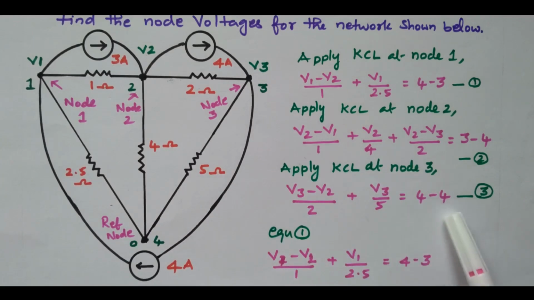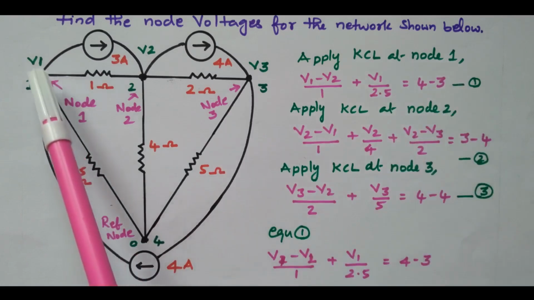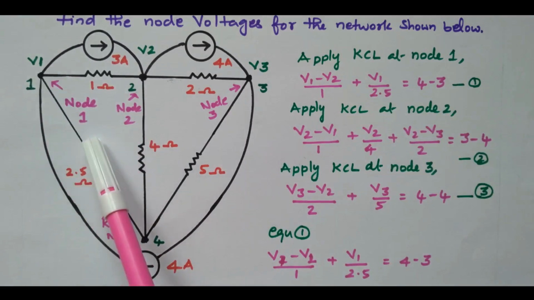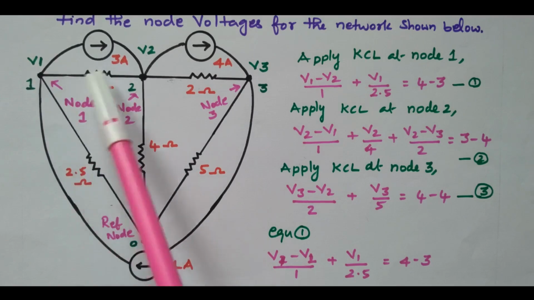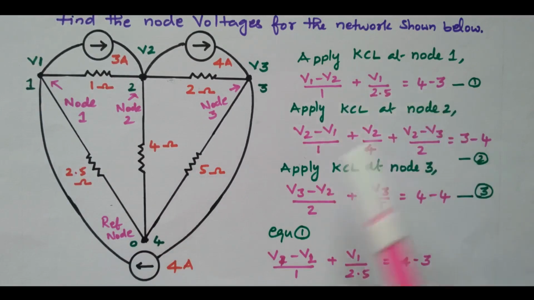That is equal to 4 minus 4. This is equation number 3. Right? So for each node, first we need to find what resistors are connected and what current flows through them, and that is equal to the current sources, whether incoming or outgoing. Accordingly we frame the equation.